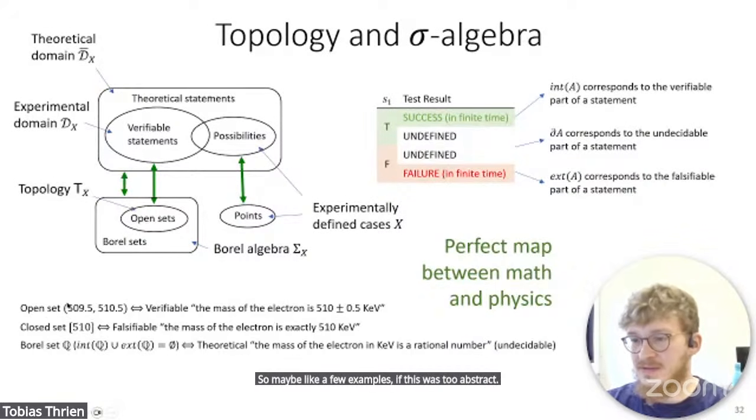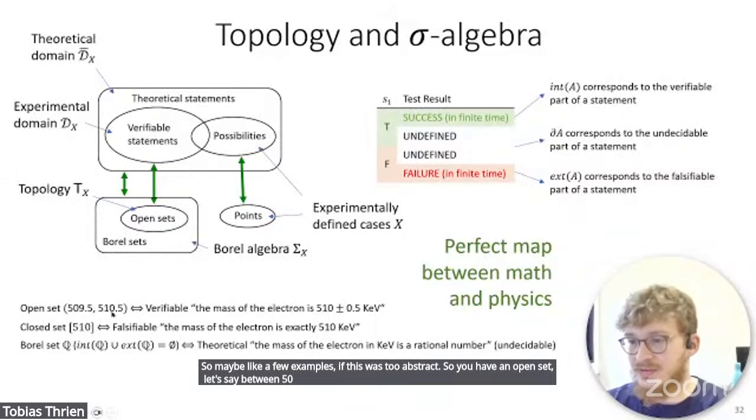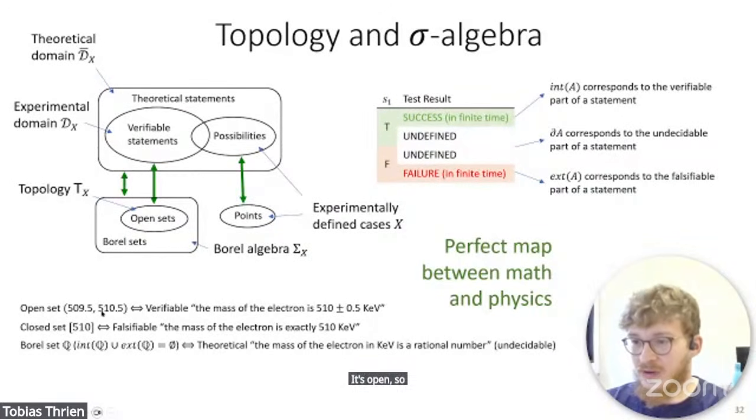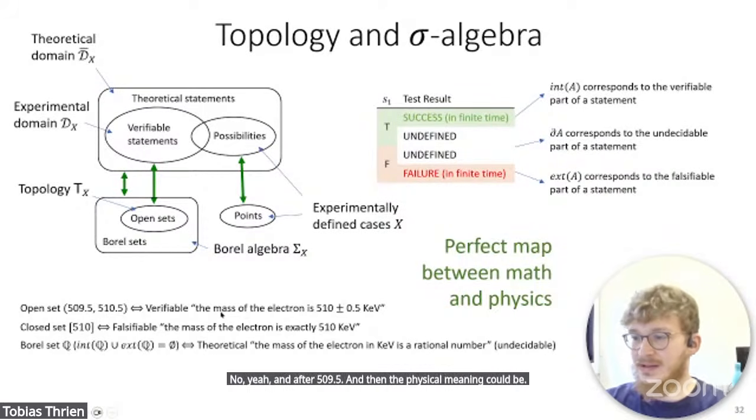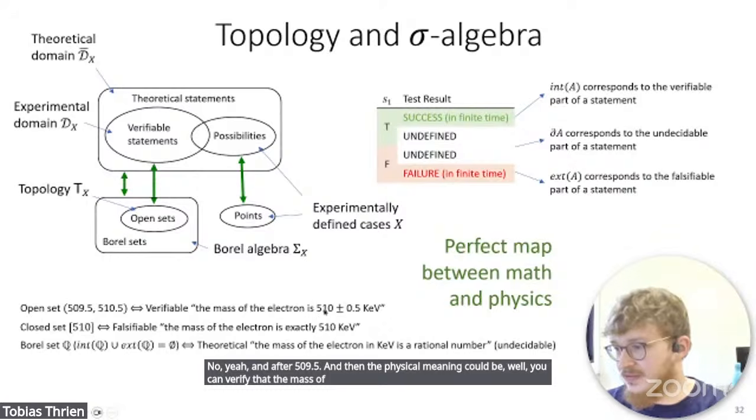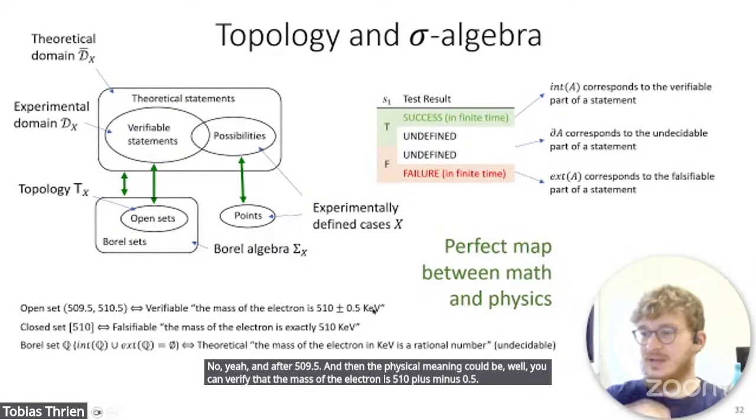So you have an open set, let's say between 509.5 and 510.5. It's open, so you say it's before 510.5 and after 509.5. And then the physical meaning could be, well, you can verify that the mass of the electron is 510 plus minus 0.5 keV.